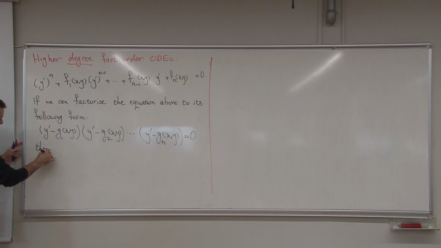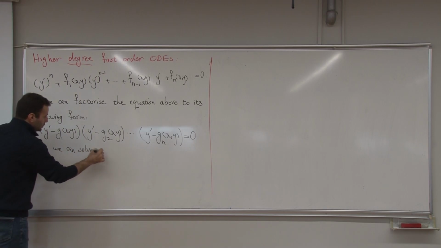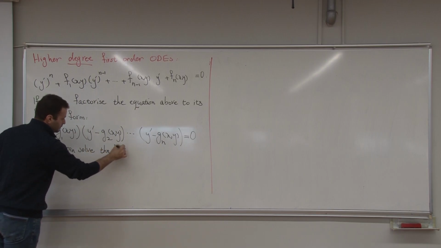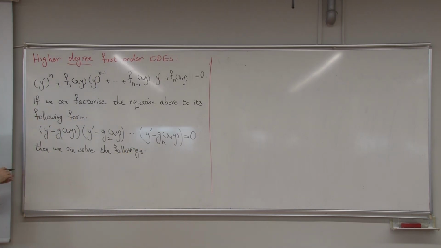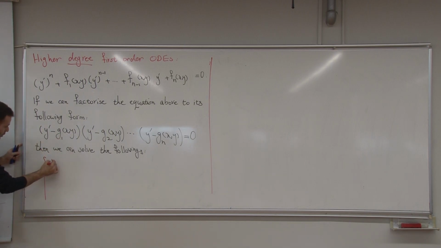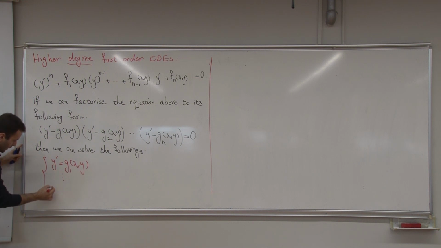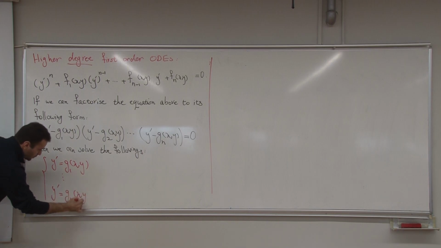Then we can solve the following. What do I have here? I have first of all this equation, y prime equal to g1 of x, y, and so on up to y prime equal to gn of x, y.